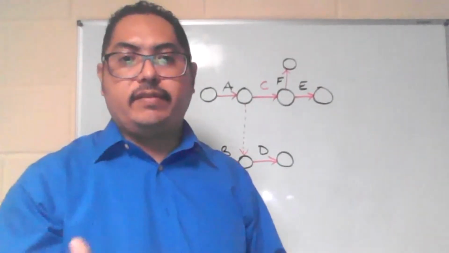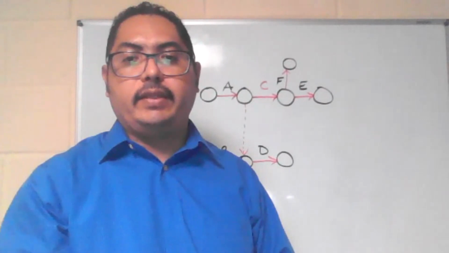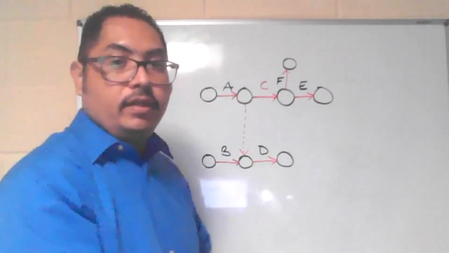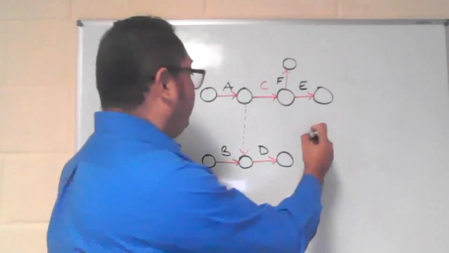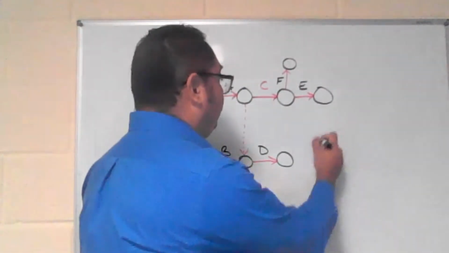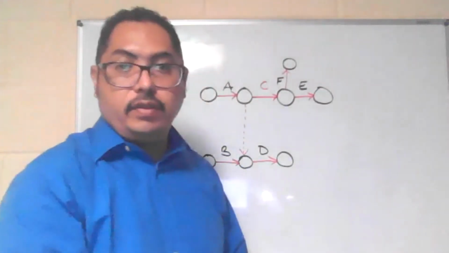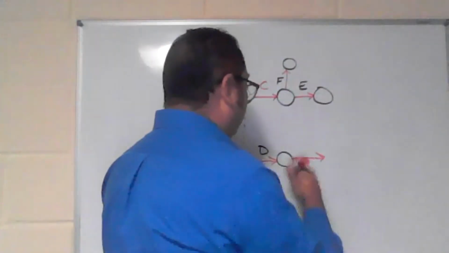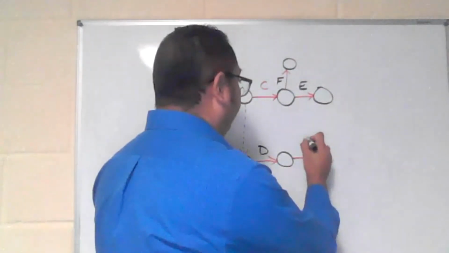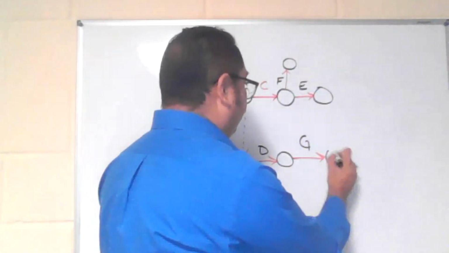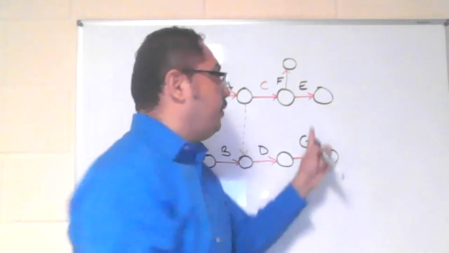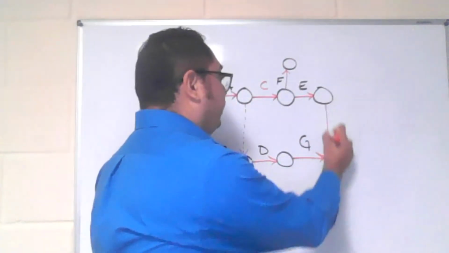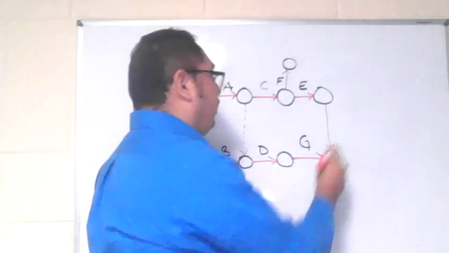And we have activity G that has D and E as its predecessors. That would be G. But because E also precedes this, we need to connect this one with a solid line.